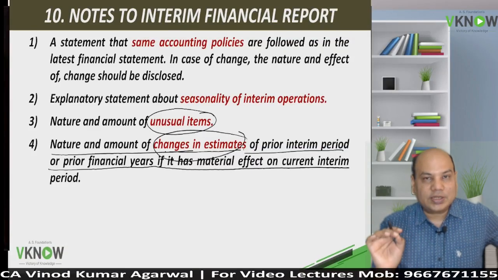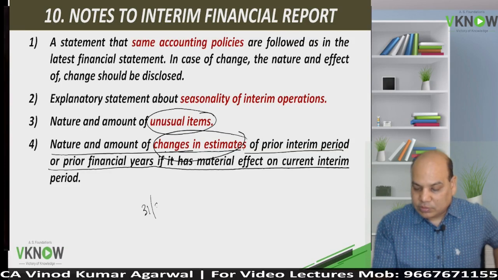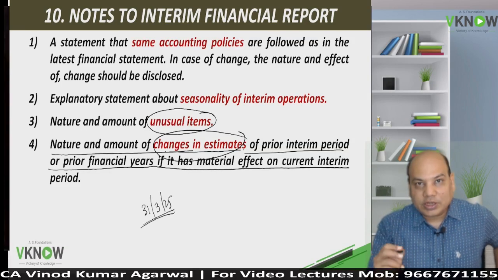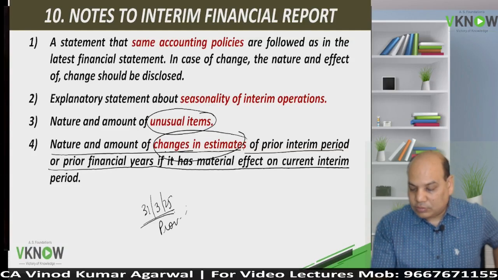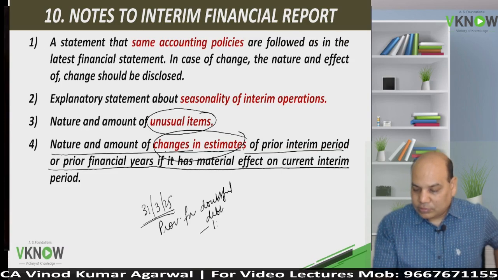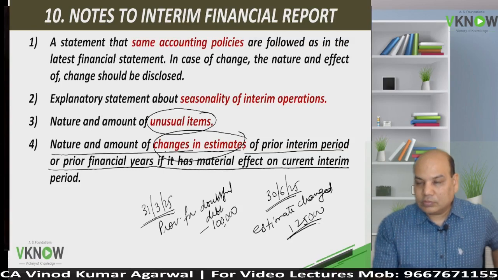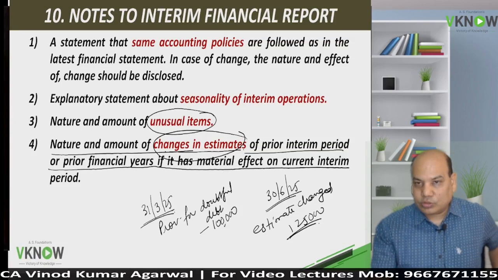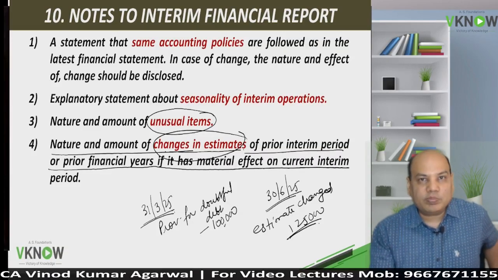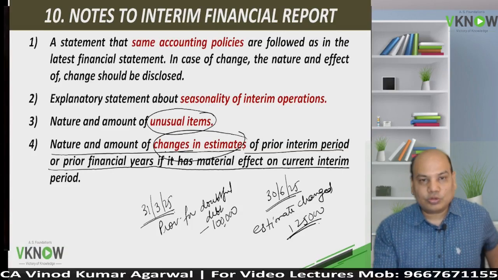Suppose on 31st March 25, you estimated provision for doubtful debt as 1 lakh, but on 30th June 25, the estimate changed to 1,25,000. Give disclosure. Similarly, the estimate can change from one interim period to next interim period. That also you have to disclose.